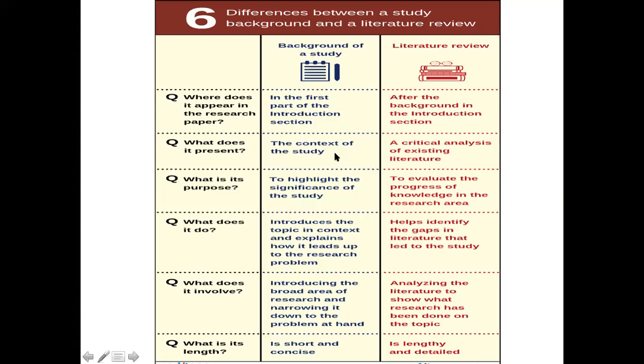The background presents the context of the study. In the background, we are trying to show the context within which the study will be conducted. While the literature review is a critical analysis of existing literature. So it's more detailed, of course, because you analyze critically each article that you read.